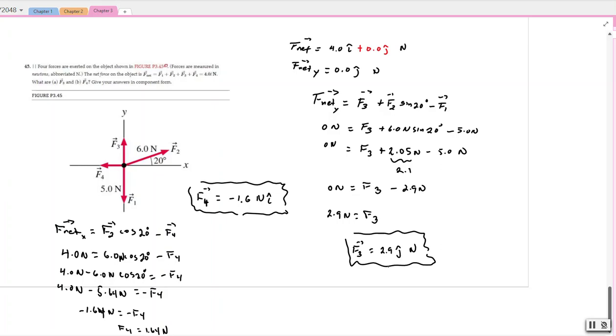And here we have the solution of this exercise. So we found the values of F3 and F4, and we expressed those values in terms of the components using the unit vectors i and j.